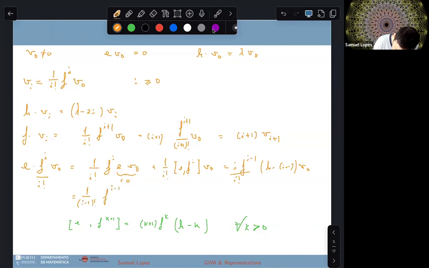f to the i minus 1. Now, how does h act on v0? h acts on v0 as lambda, right? So this is going to be lambda minus i minus 1 times v0. And lambda minus i minus 1 is just a scalar, so it can be moved outside.